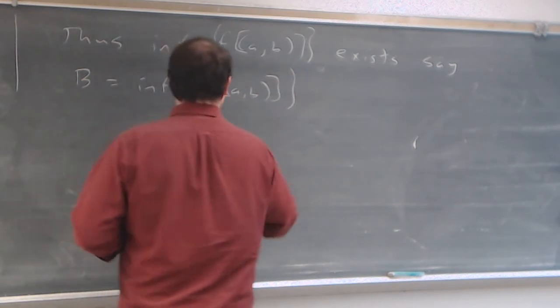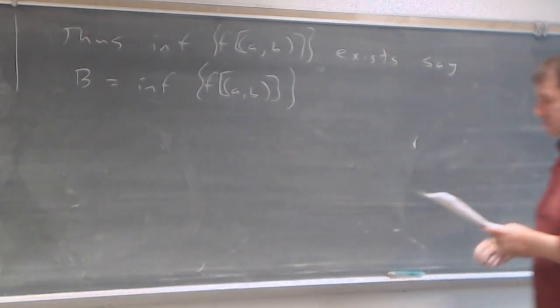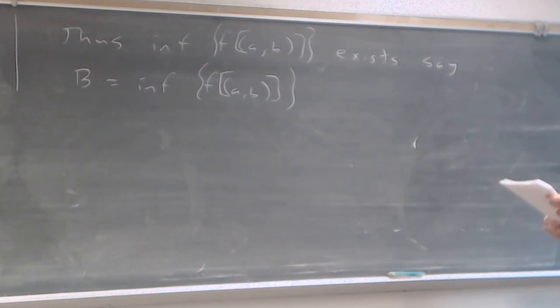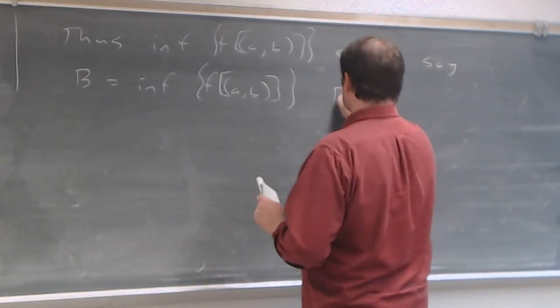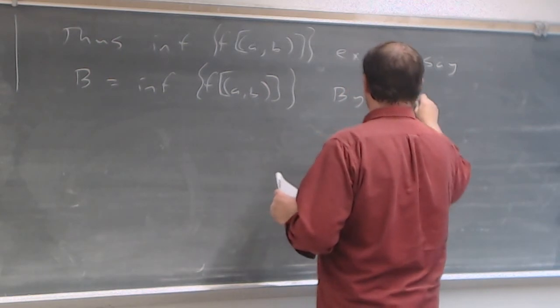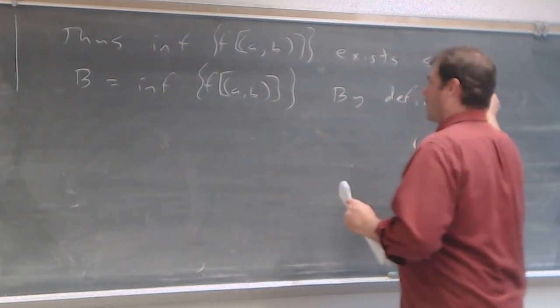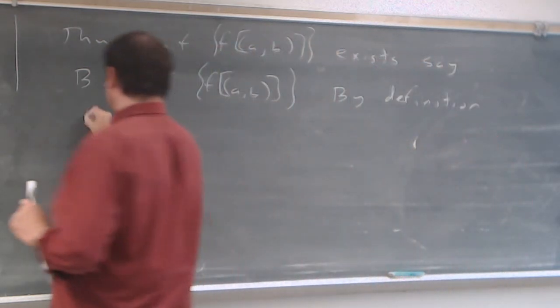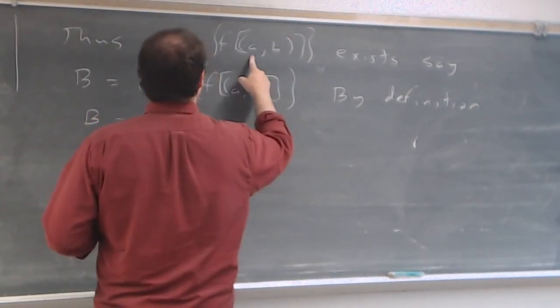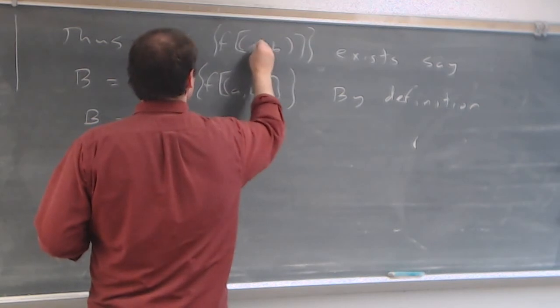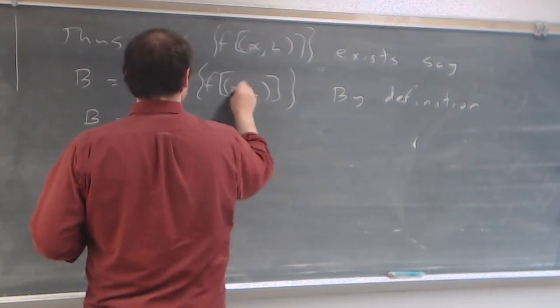I'm putting these little squiggly lines around just to see what we're talking about. By definition of b being the infimum, and this was wrong, it's not from a to b, it's from x to b.